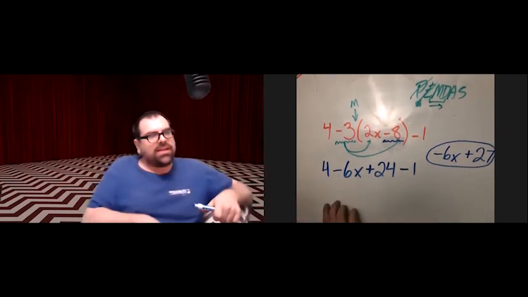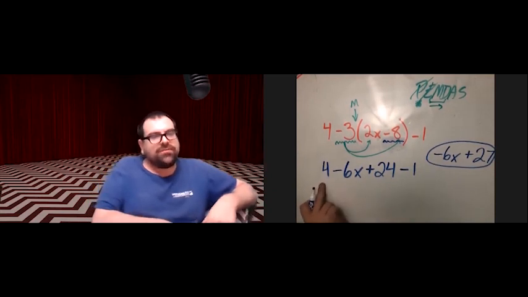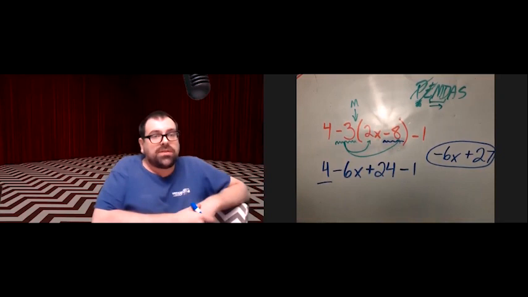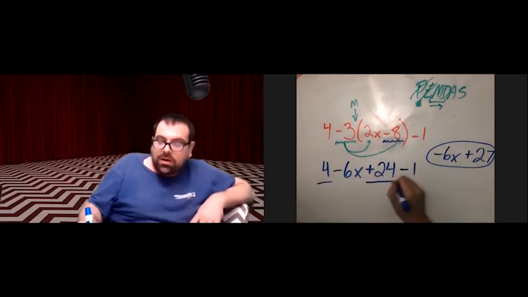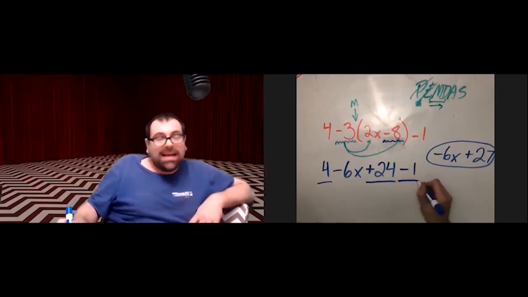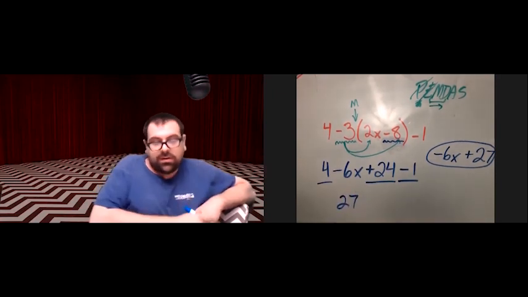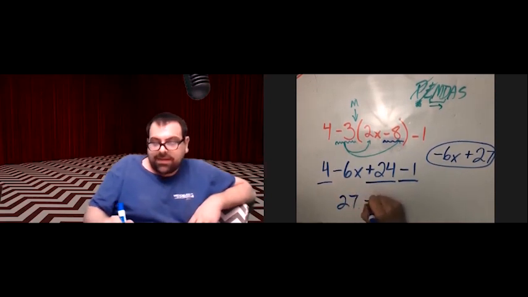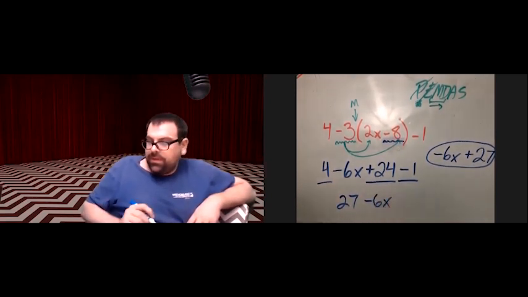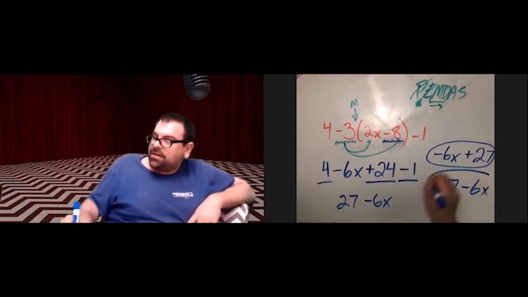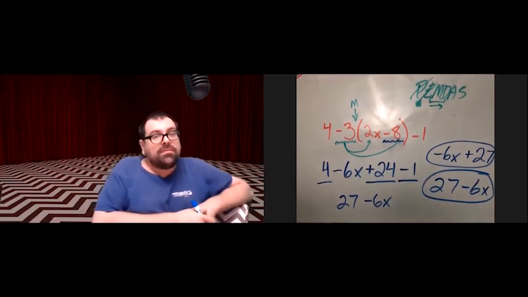Let's say instead of putting the x's first, since this 4 was the first number, we look for all of the no x terms. So that's +4 plus 24 would be +28, -1 would be +27. And then what's left over? Minus 6x. So you could also have 27 minus 6x as the answer. They're exactly the same.